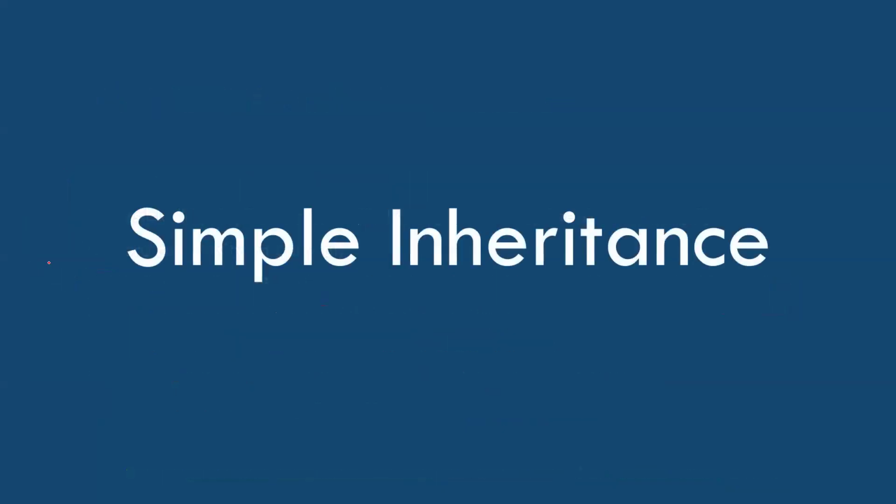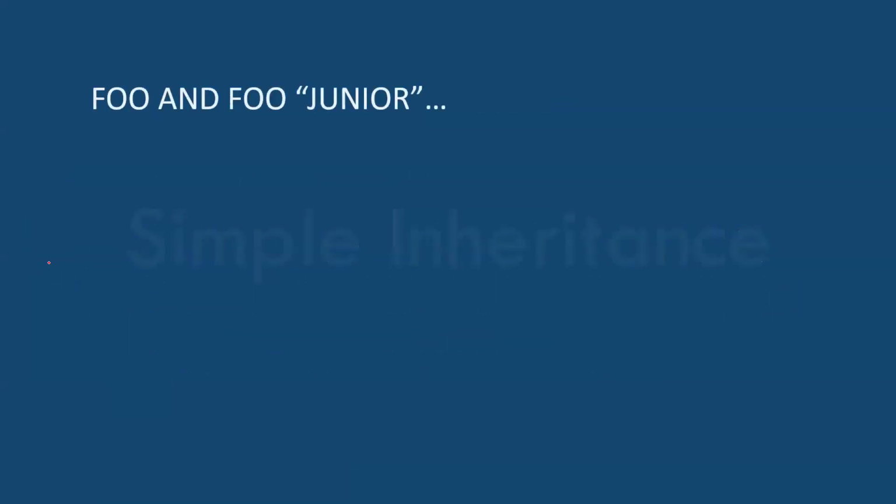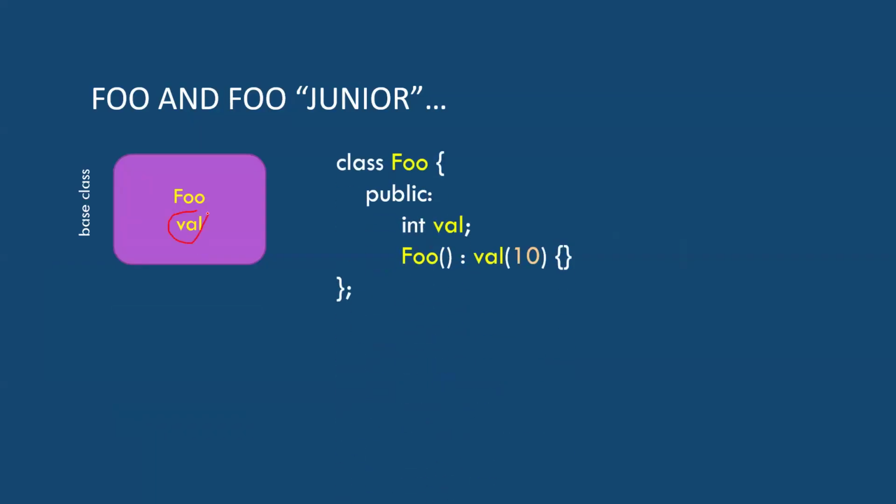Okay. So let's take a look at the code for how we do this. So we're going to use our Foo and FooJunior, silly names, but they could be anything. Our base class is going to be Foo, and it's going to have a data member called val, just like we've always done. So it's got a public data member for now. It's got a constructor initializer list where we're just going to always put a 10 in there, okay?